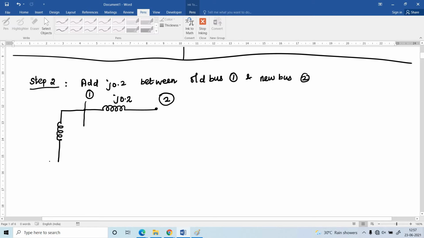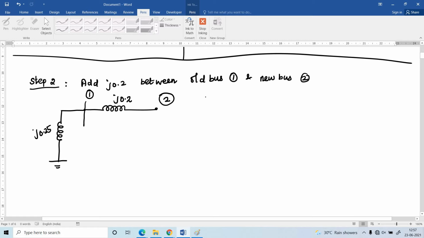Here, in the previous step we already got the answer J0.25. In the previous step, the order of the matrix is 1 cross 1. Now in this step, the order of the matrix is increased. The reason is one more branch is added here.